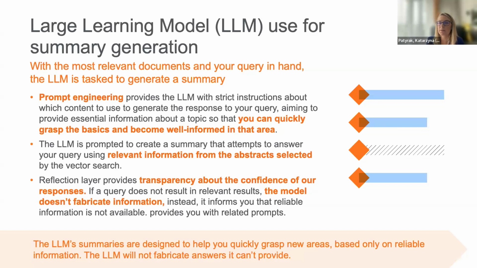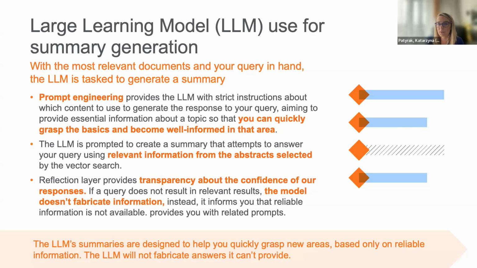This is because the model ensures that all answers are based on our academic abstracts, and instead it will tell you that reliable information is not available and provide you with related prompts that might be more helpful for you. So this is very important. If you ask a question and Scopus AI has no answer, it will tell you that there is no reliable information for this.